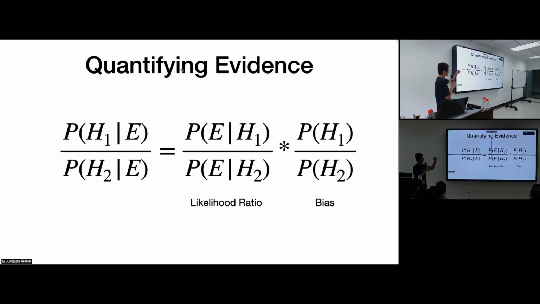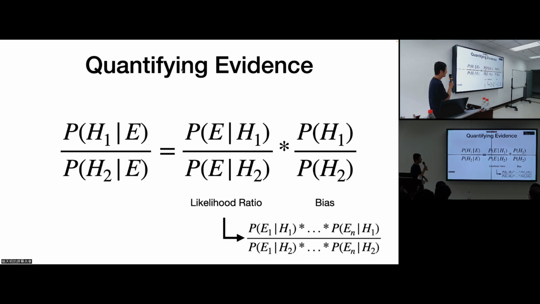The reason I want to have the equation on the right side is that if we consider the question that we do not just have one piece of evidence, we have a lot of evidence, many pieces, this can be conveniently rewritten in this form, right?